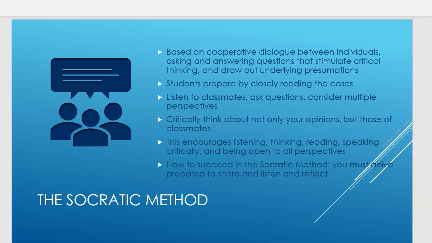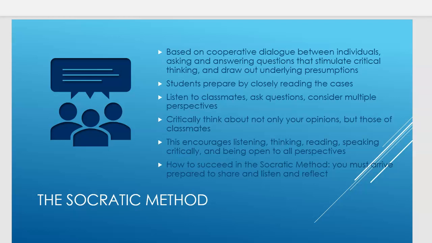And students may not even know their own presumptions or assumptions until we have discussions that really dig deep into what's happening, into large group discussion, smaller group discussion, dyads and triads.